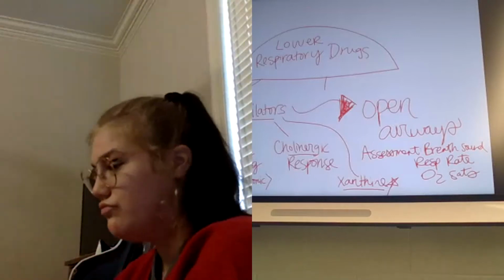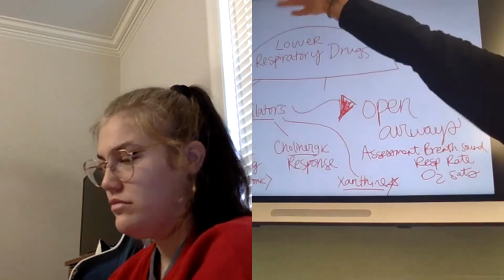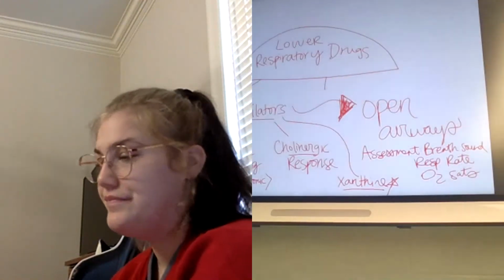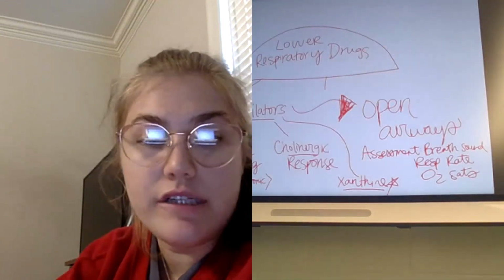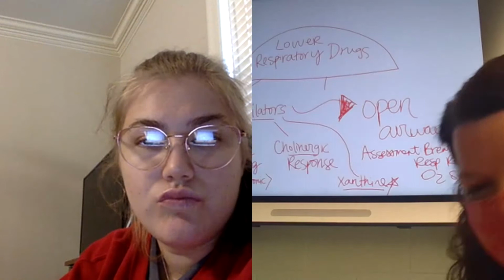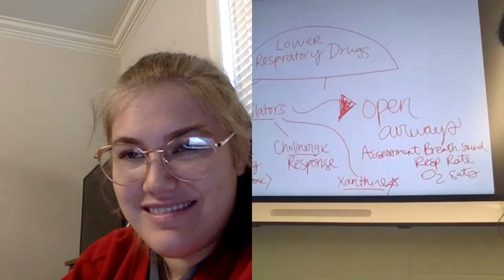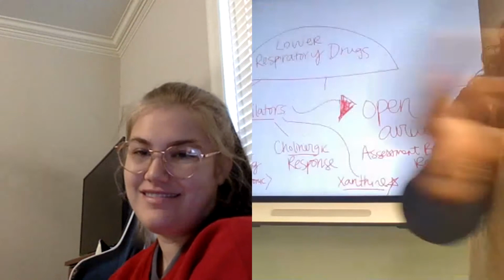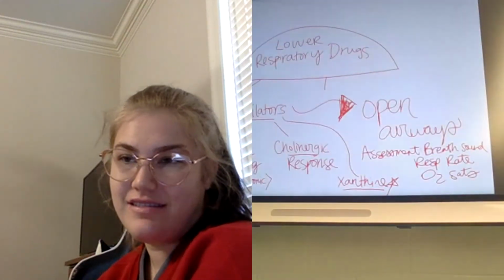Y'all overthink. Y'all know that stuff and y'all are like, I don't know, what is it called? If they have too much of it, they're toxic. And if they don't have enough, what is that called? No, it's subtherapeutic. We have a therapeutic range, and if it's too low, then it's subtherapeutic.